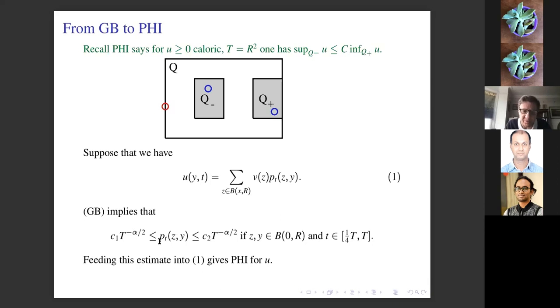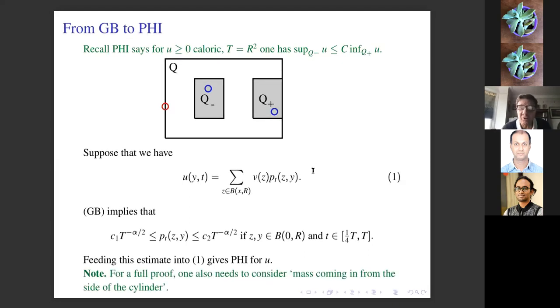And if we feed this estimate, sorry about the typos there, into equation 1 here, the parabolic Harnack inequality for this particular function pops out immediately. Well, that's just a proof for a sample function.